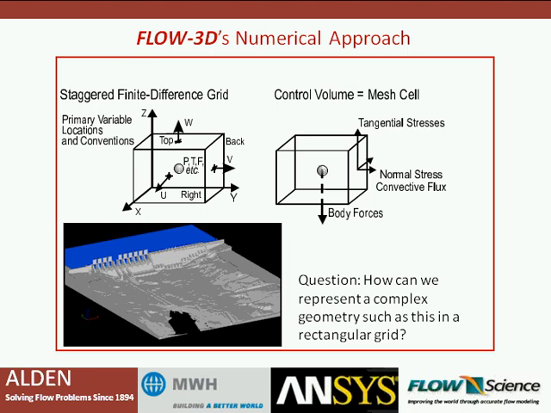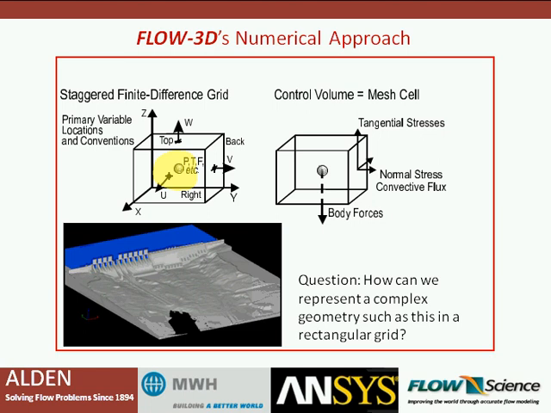So Flow3D's approach is what we call a hexahedral mesh or a structured grid. And with that, in our discretized domain, we take quantities at various locations. For instance, you can see here, and let me try the highlighter. Cell-centered quantities, we look at pressure, temperature, and fluid fraction. Fluid fraction is what describes your fluid surface.